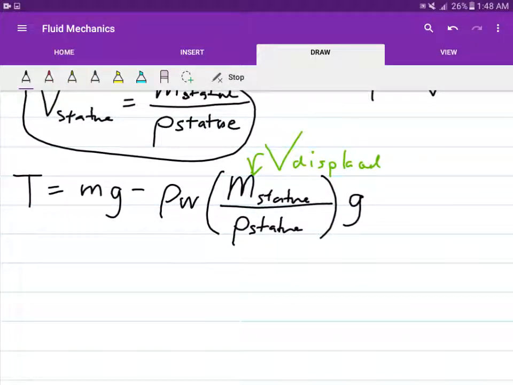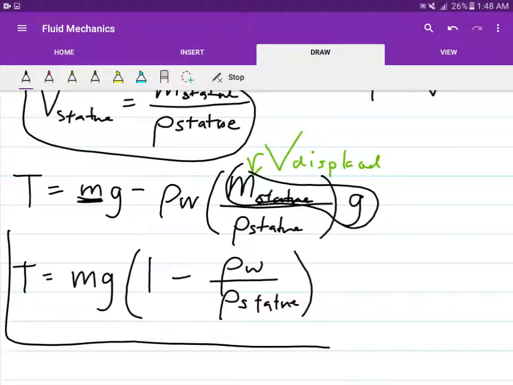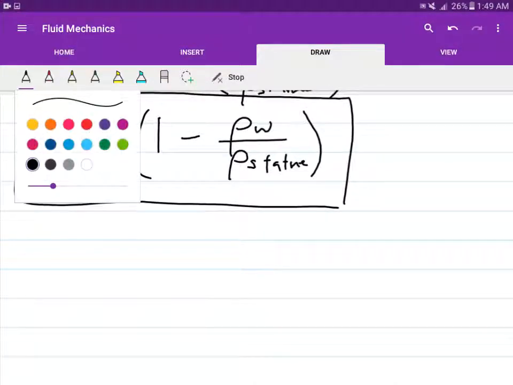Okay, so I will remove the subscript statue because this is also m, or the mass of the statue. So T is equal to, we can factor out mg, 1 minus, so this has a term mg here, density of water over density of statue. So this is our equation that will solve for the tension when submerged.